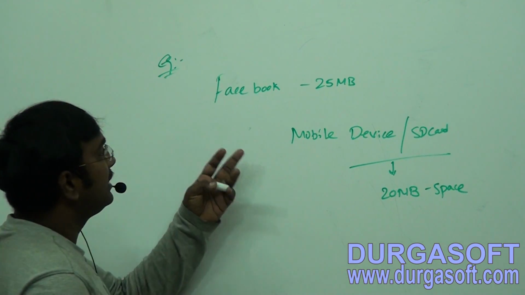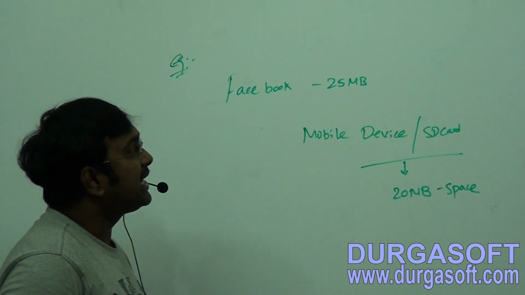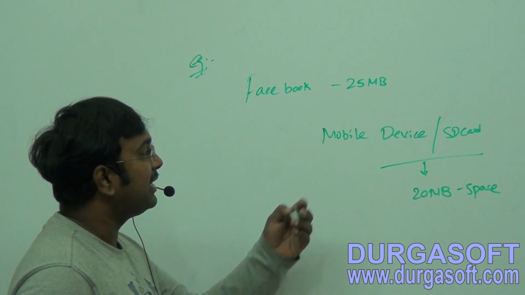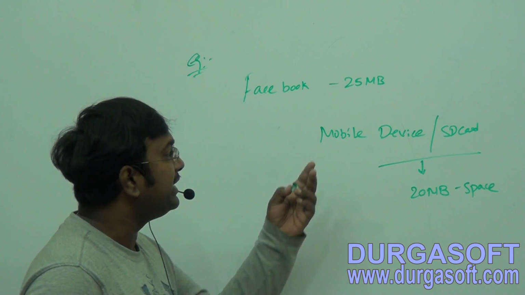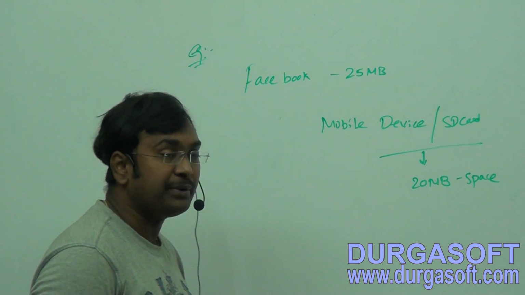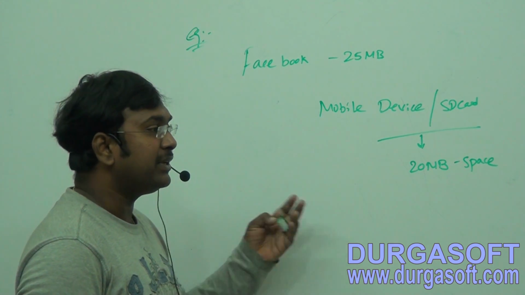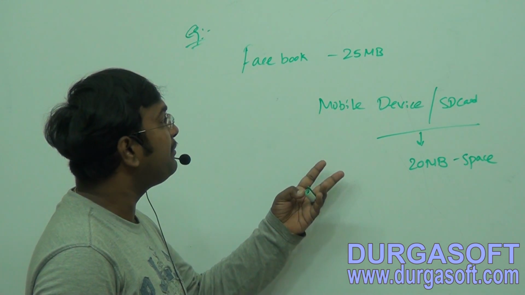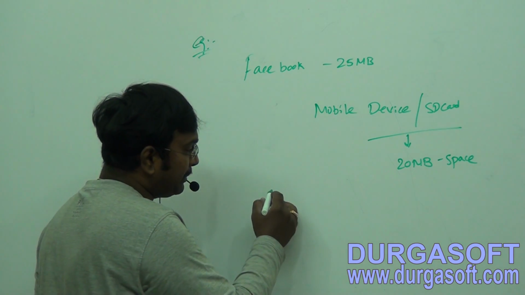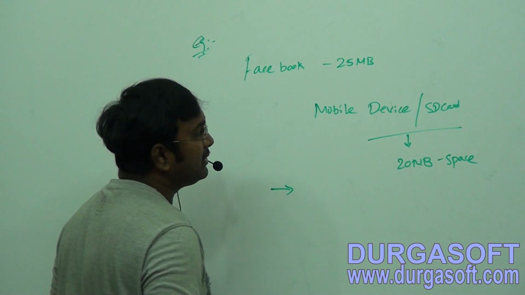See, the Facebook application needs 25 MB to download, but if you observe your mobile device or SD card, the space is only 20 MB. So here it should provide a friendly message. Is it possible to download?